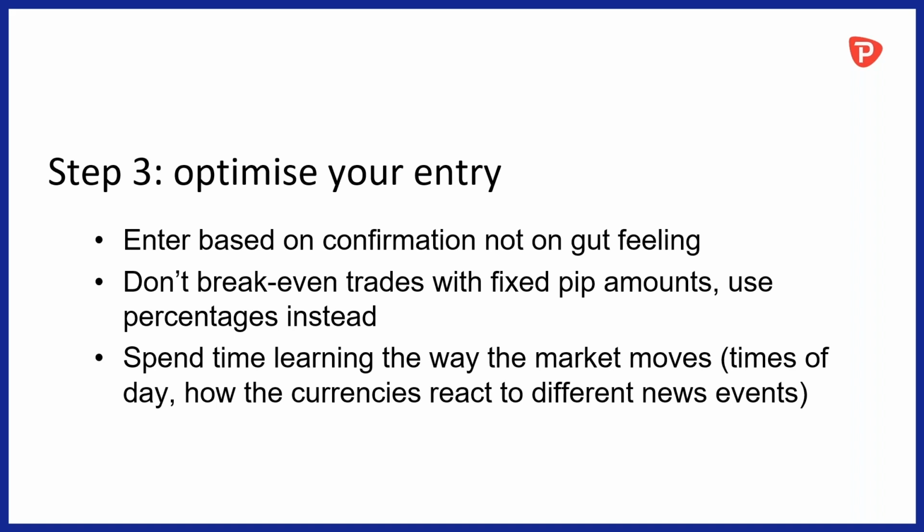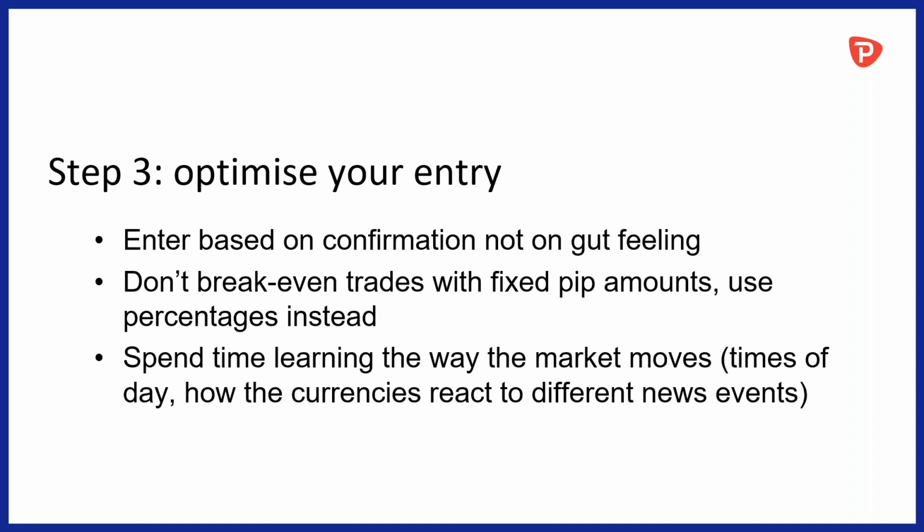We also don't really like break-even trades with fixed pip amounts, and this is especially important when trading scalps. Usually, most people will have, let's say, a fixed 15 pip or 20 pip take profit, and then they'll fix their trade. Look, we did this many years ago. We used to fix it, let's say, 5 or 10 pips up. We would break even our trades. Try to break everything down to percentages.